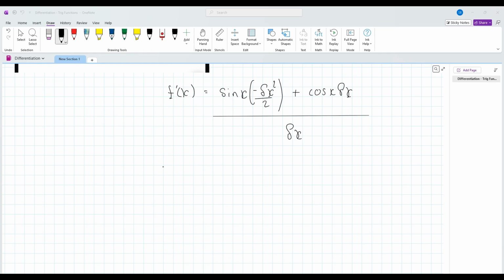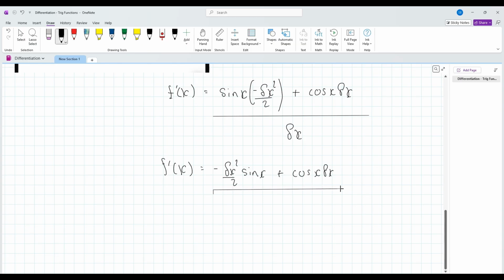Rewriting this out, we get f dash of x equals minus delta x squared over 2 sine x plus cos x delta x, all over delta x.